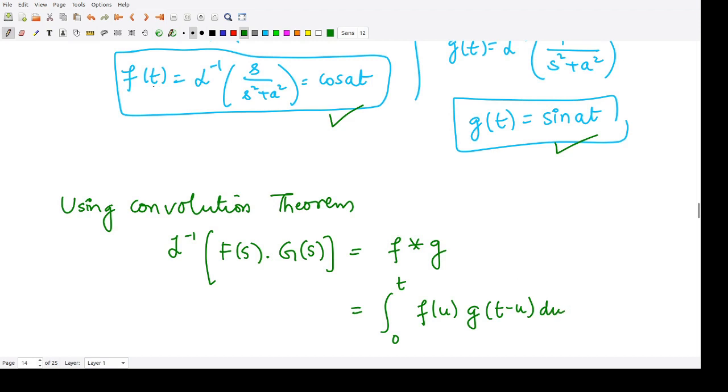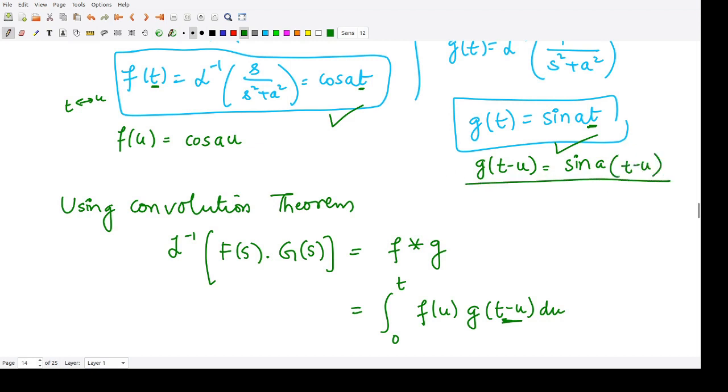So now because we have f of t, what would be f of u? That would simply be changing the variable from t to u, so it would be cos au. And what would be g of t minus u, because we require t minus u here? It would be sine a, and in place of this t we will now write t minus u.